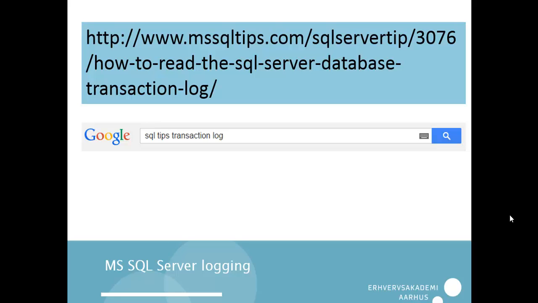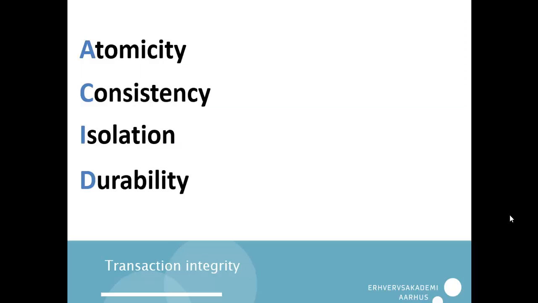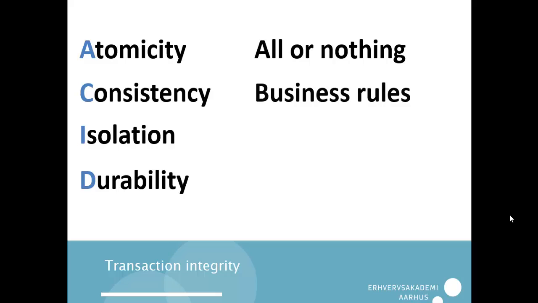So next is about how to do it in action. But before we go to that, I'd just like to recap that ACID is about atomicity, consistency, isolation, and durability. By atomicity, we mean all or nothing. Consistency: respect the business rules.